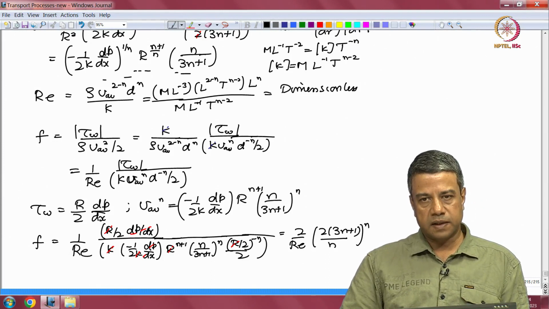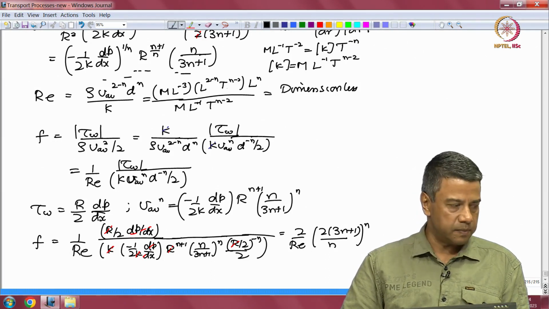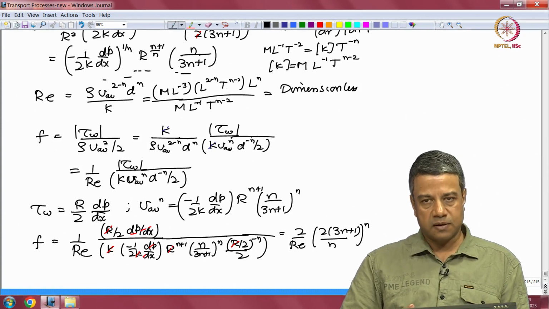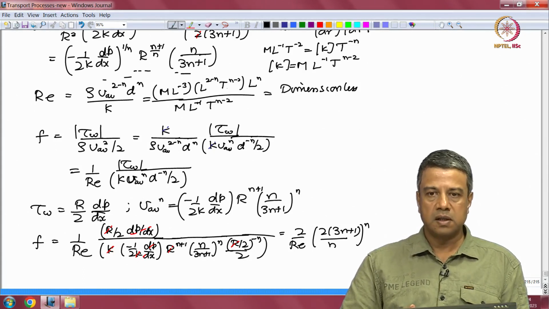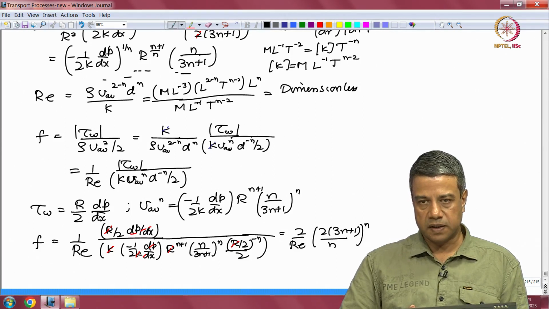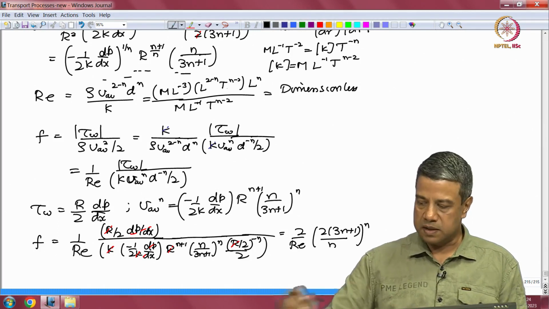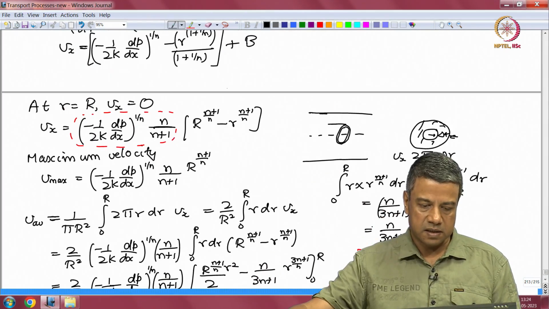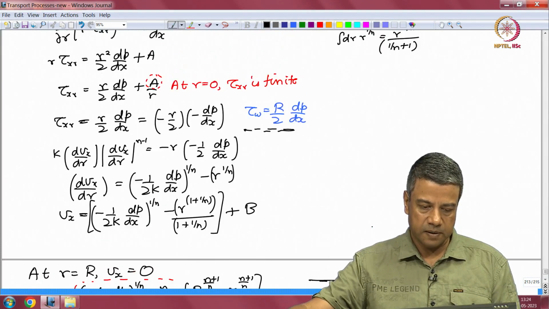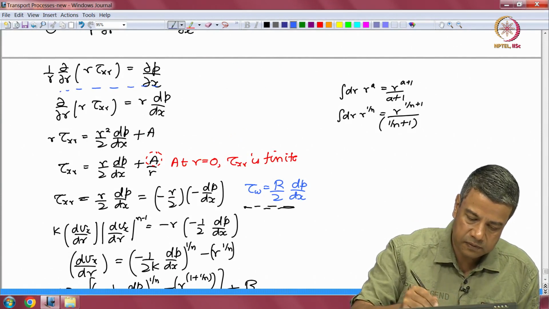So, this is the friction factor expression for the flow of a power law fluid in a pipe, evaluated the exact same way. We got the wall shear stress, velocity profile, average velocity, definition of Reynolds number, and then calculated the friction factor. In this case, for a pressure driven flow, the expression for the shear stress is the same as that for a Newtonian fluid.